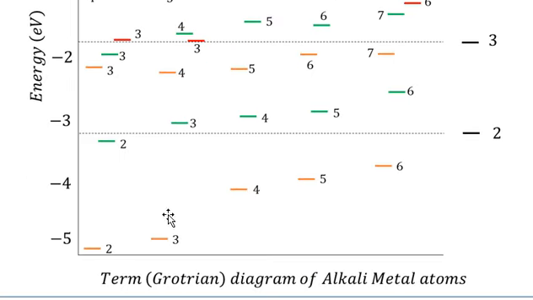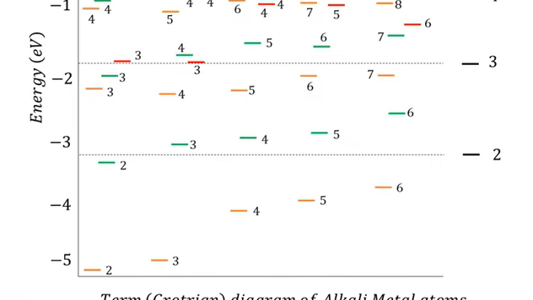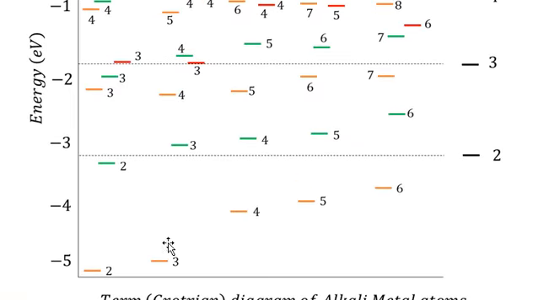Here you can see that for sodium we are representing the ground state. This is the principal quantum number 3 with orbital quantum number L equal to 0. This state is represented as the ground state of the sodium atom. When n is equal to 3, of course, you have three values of the orbital quantum number.